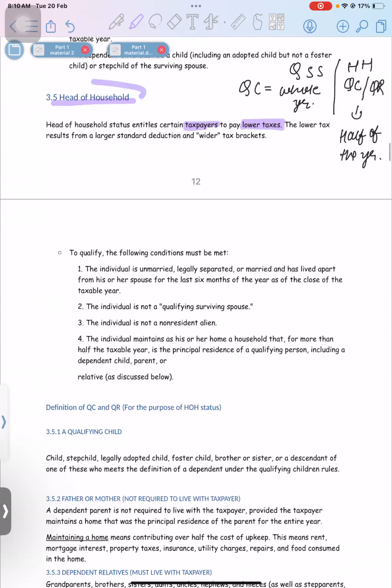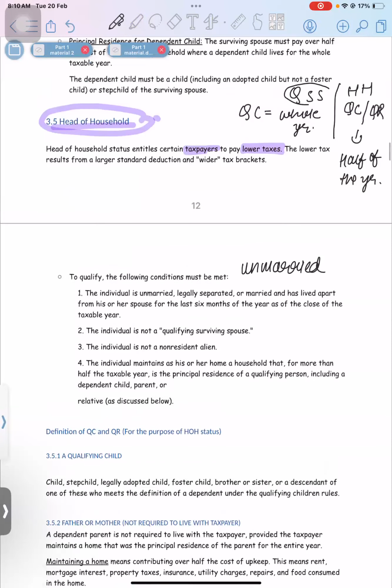For qualifying for this status, what all criteria should you meet? First one is you should be unmarried. So in QSS, the person is a widower. In HOH, the person should be unmarried or legally divorced, even if the person is legally separated, or if a person is married but living apart for the last 6 months of the year.